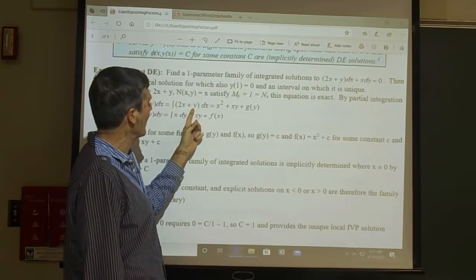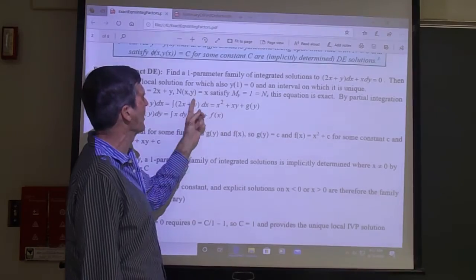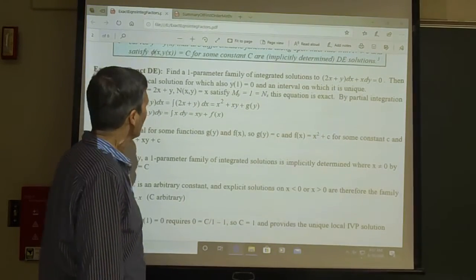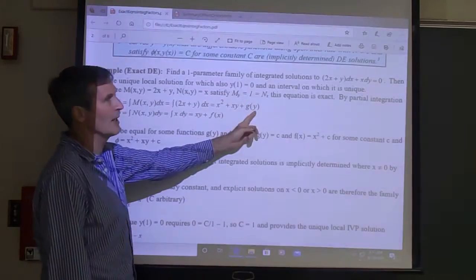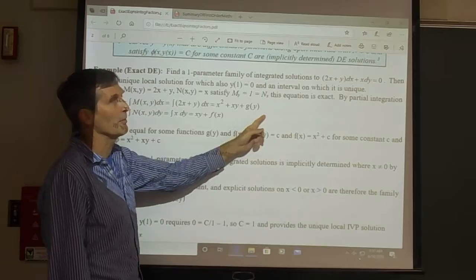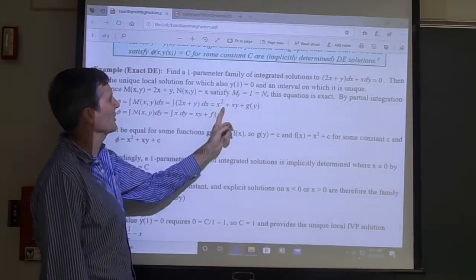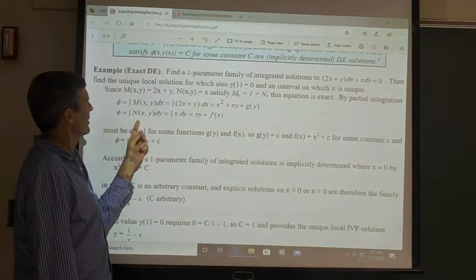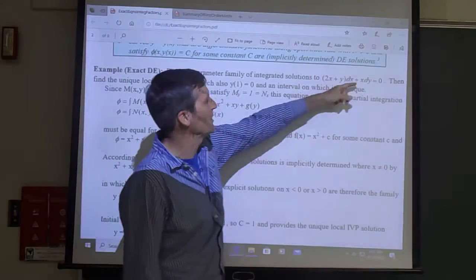The partial integral of y is just x times y, right? Because we're treating y as a constant. Integrate k, you get kx, but k is really y. And then there's an arbitrary constant. But since it's a partial integration, the arbitrary constant can depend on y, so we say plus an arbitrary function g of y.